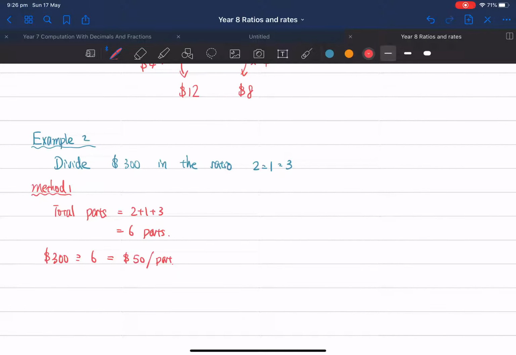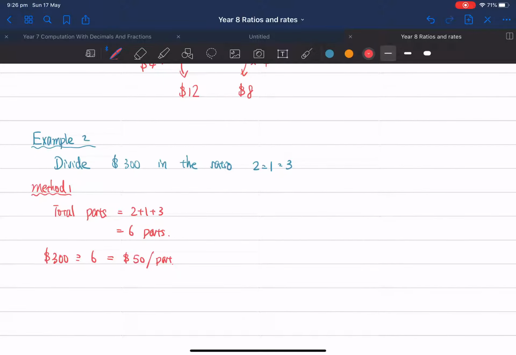So 2 parts is equal to 2 times 50, which is $100. Then 1 part is equal to 1 times 50, that's $50. And the last one, 3 parts, is equivalent to 3 times 50, and that's $150.